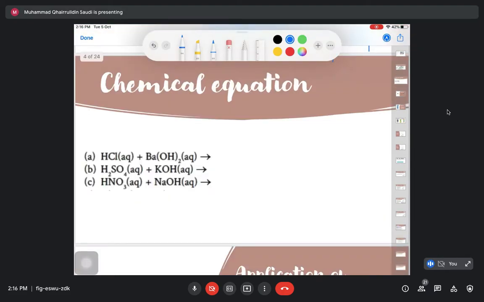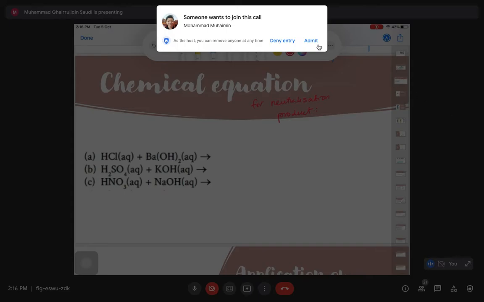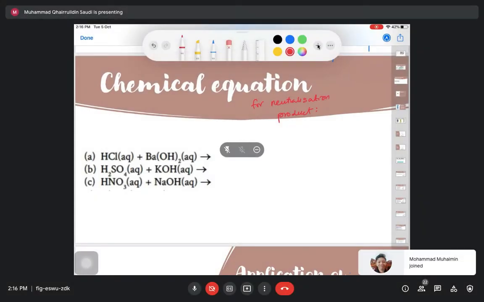Chemical equation, this is basic things, okay? I will quickly go through it with you. You should know how to write chemical equations for neutralization. And for neutralization, what are the products? Salt and water.